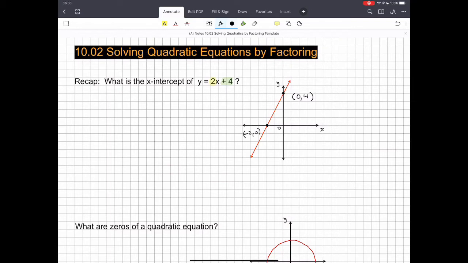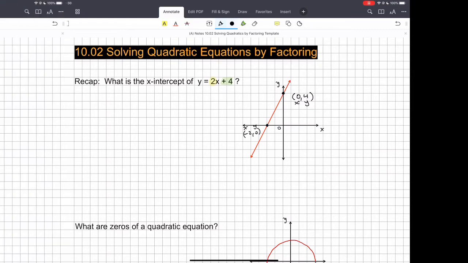So we can see here graphically that when I have a y-intercept, my x value is 0, and we have a value for the y-coordinate. When I'm looking for my x-intercept, the x value is there, but the y-coordinate is 0.